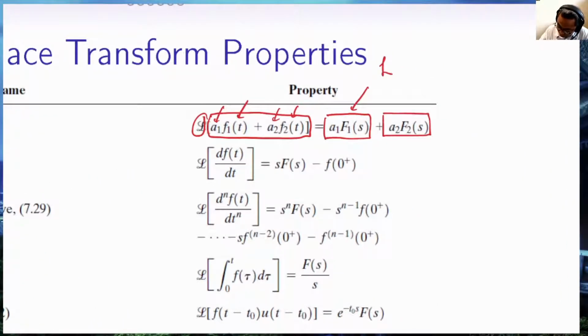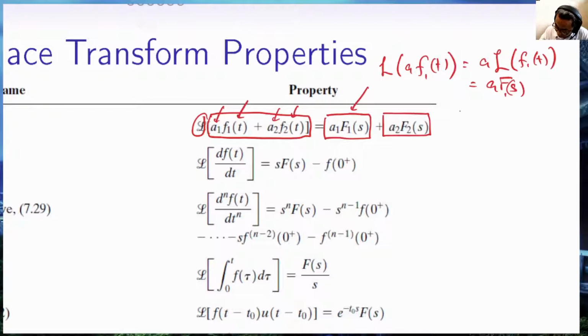The Laplace transform of a1 f1(t) is equal to a1 times the Laplace transform of f1(t), which equals a1 F1(s).